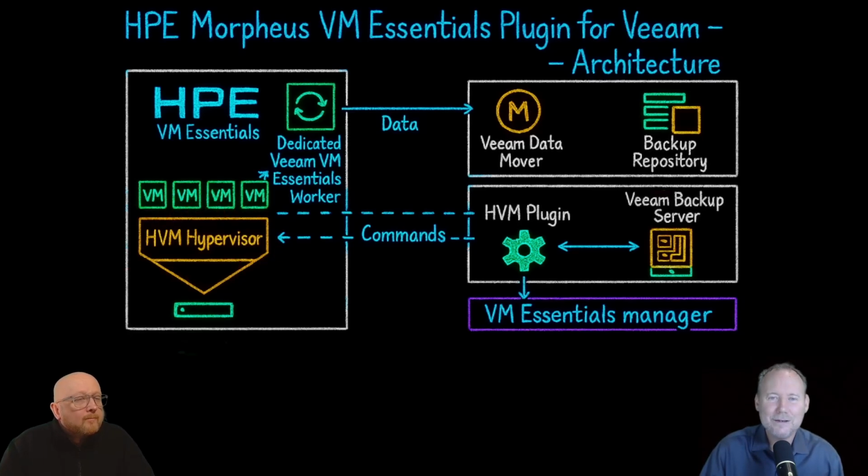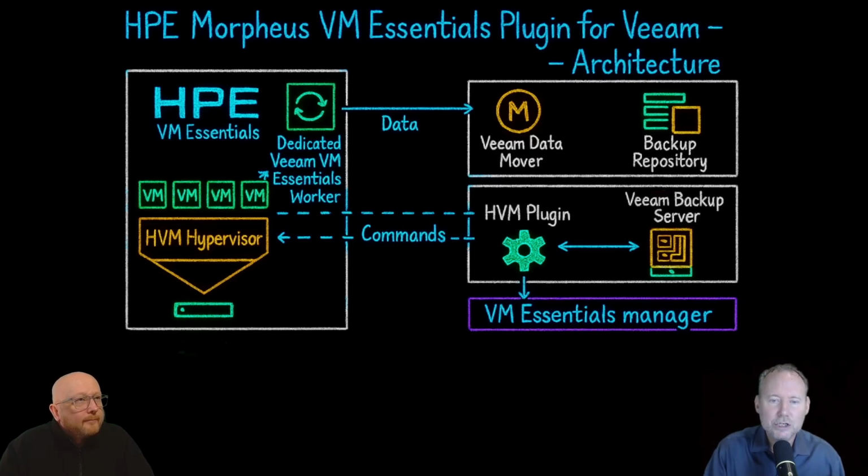And it also gives it the intelligence to talk to the VMs on that hypervisor as well. We're talking to QEMU on the HVM hypervisor, and we're also talking to the QEMU agent on the VM to accomplish things like change block tracking and application-aware backups, for example.